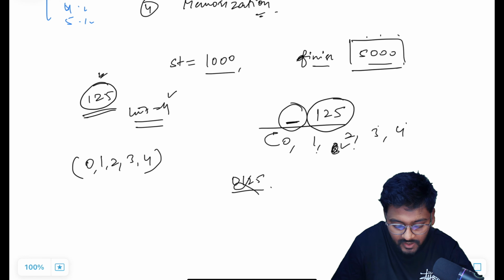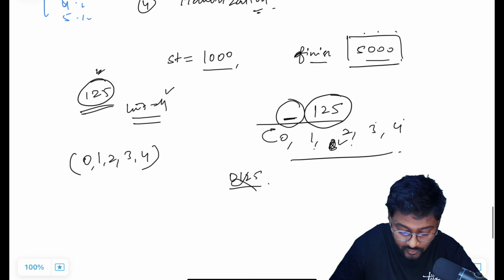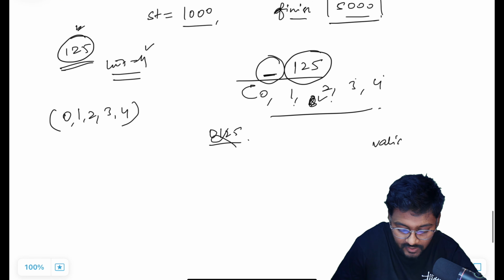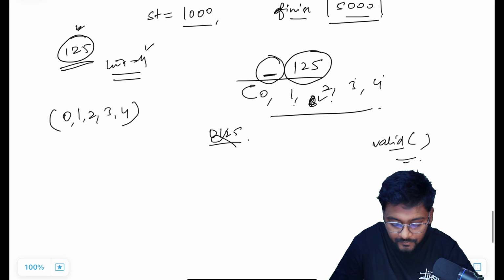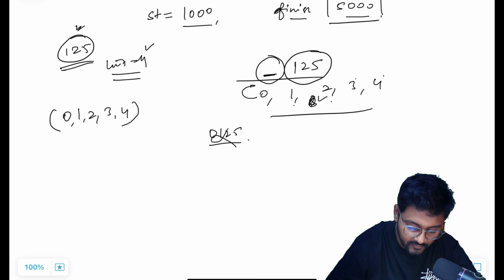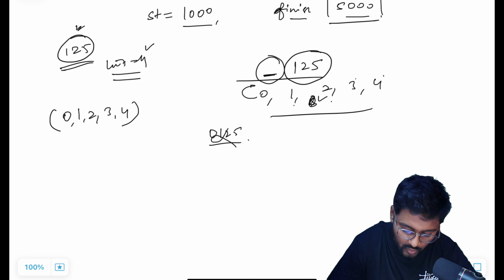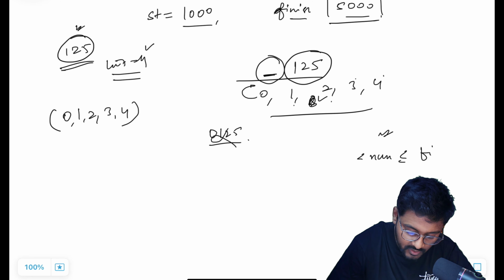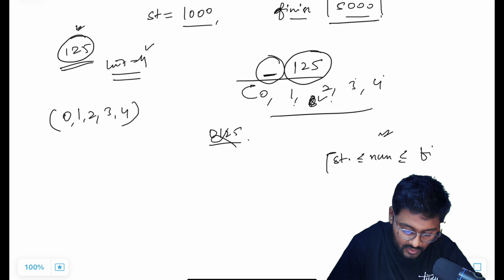Whenever the number has all the digits, to check the digit we could use a valid function. Not the valid function, I think, the digit is already something we are adding, so we don't have to validate the digit. The digit is always valid. We just have to check whether the number is in the range: less than or equal to finish, greater than or equal to start.